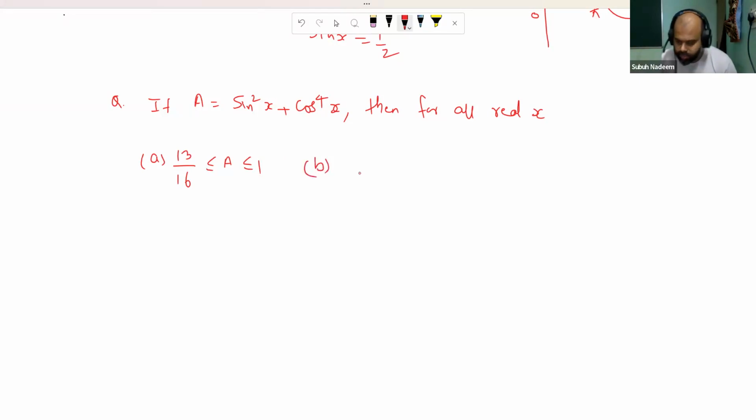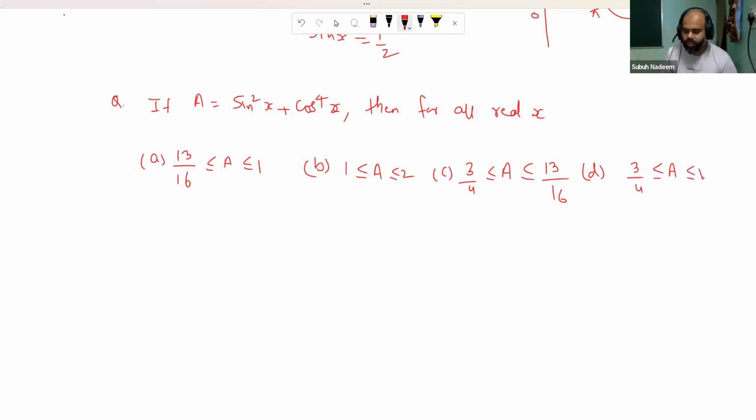Option B: A lies between 1 and 2. Option C: A lies between 3/4 and 13/16. And option D says that A lies between 3/4 and 1. Yes, sir.